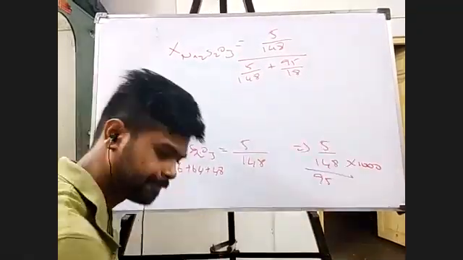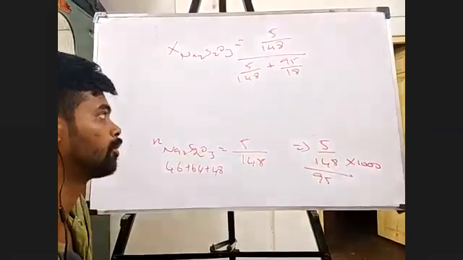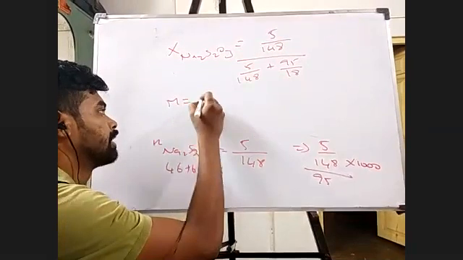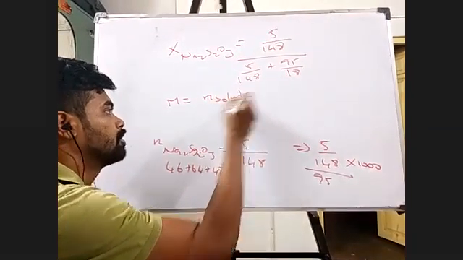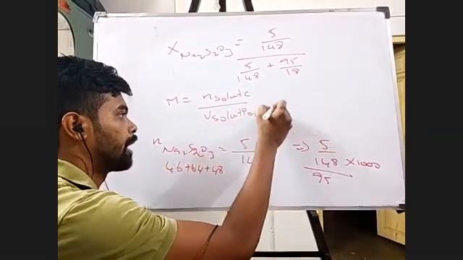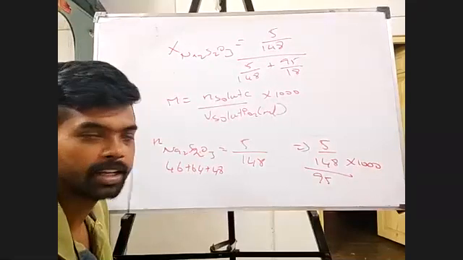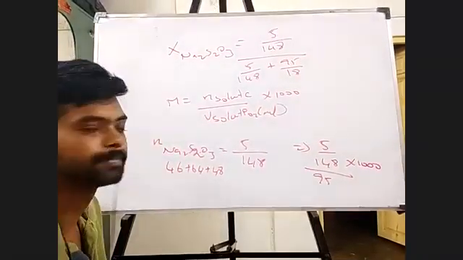Now lastly, I have to find molarity also. So the molarity formula is number of moles of solute divided by volume of solution in ml into 1000. Correct? This is the formula for molarity.